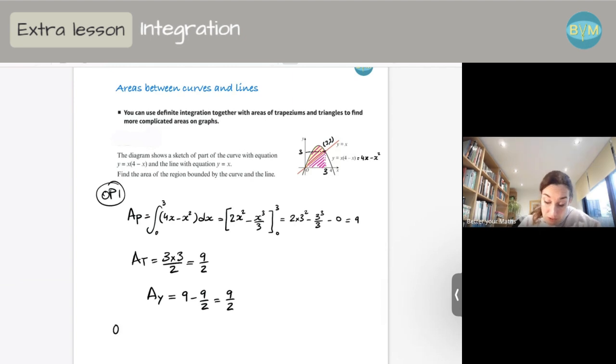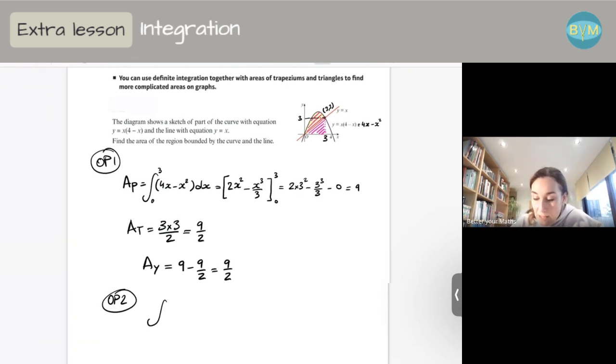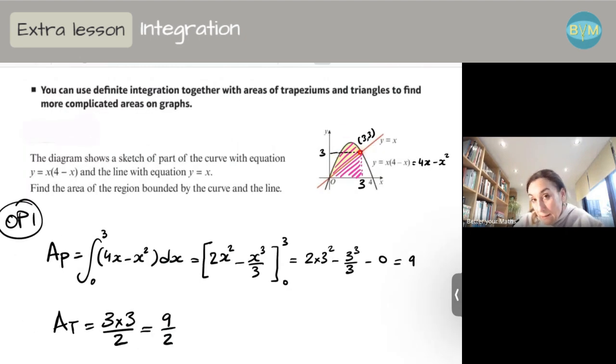The other option, which should give you the same answer, is doing straight away the curve that is above, which is the quadratic, minus the line that goes under. In the case of a straight line, it doesn't make much of a difference. In the case of two polynomials, it will.